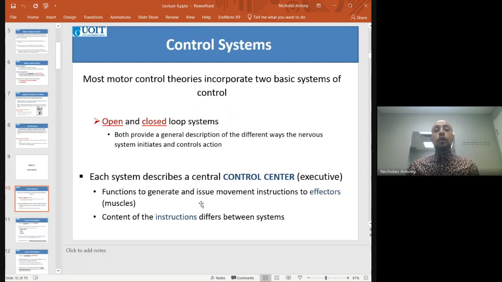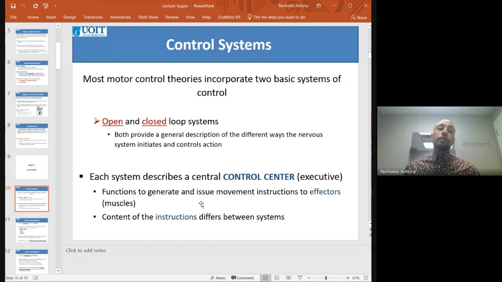So let's talk about control systems. Remember, this was done really early, before high-powered computers. This is coming from behavioral or psychology studies initially, so they wanted to understand it from a different perspective than we would, thinking like computers.